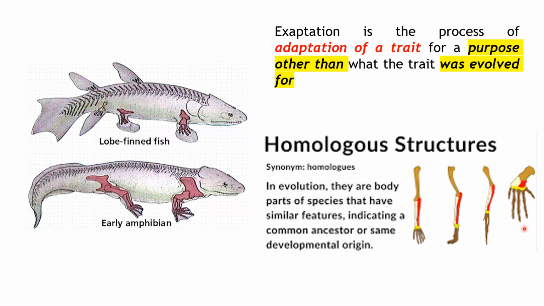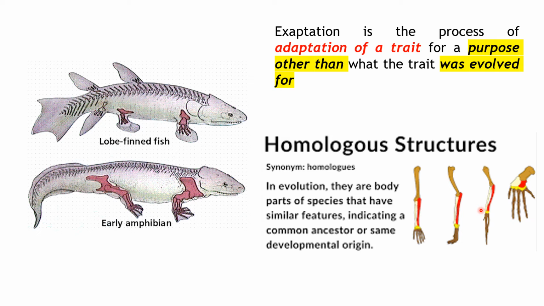And there was a process of divergence, and now the same traits, the bones have changed, and in humans they took this form. In mammals that swim, they turn into fins. In horses they took this shape, and so it's the same trait.